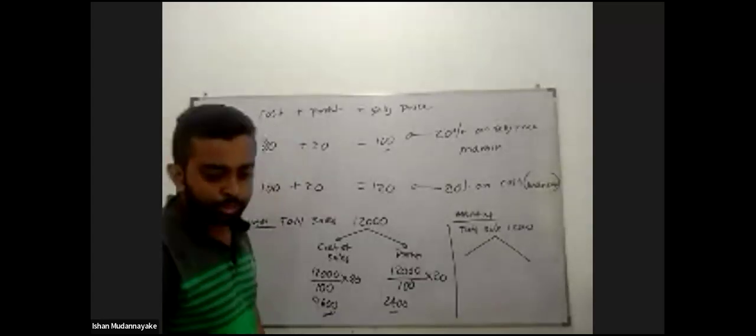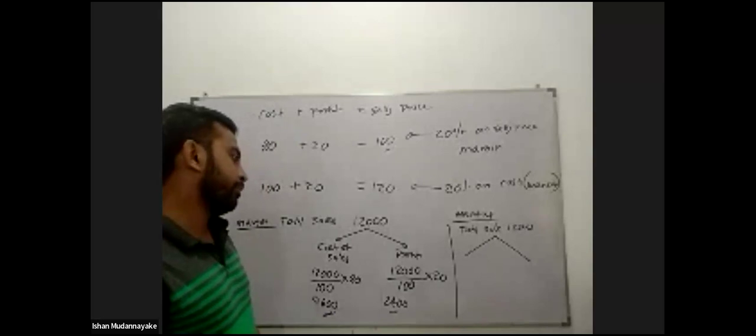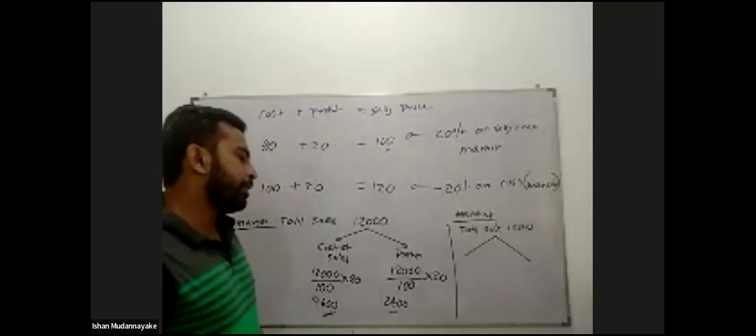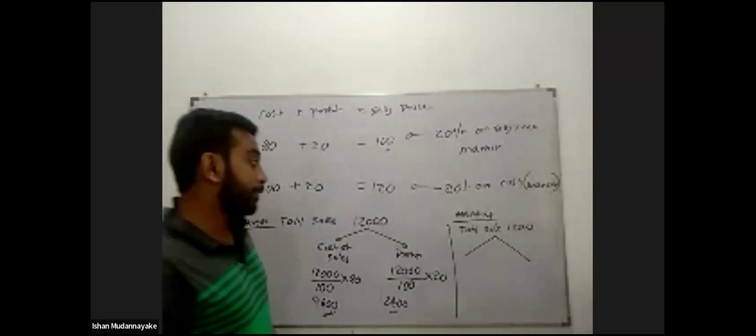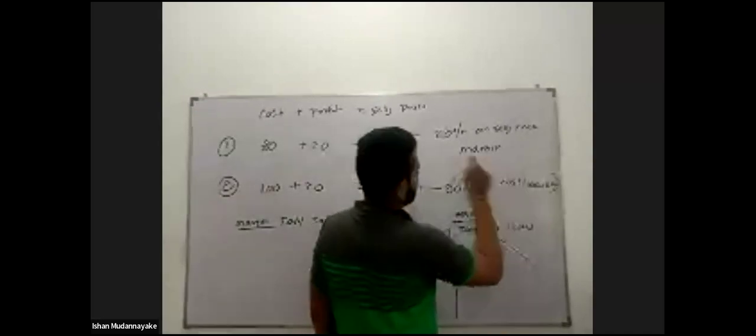In this business organization, total sales is 12,000. The pricing policy of the business organization is to add 20% on cost. Cost 100, profit 20, selling price 120.